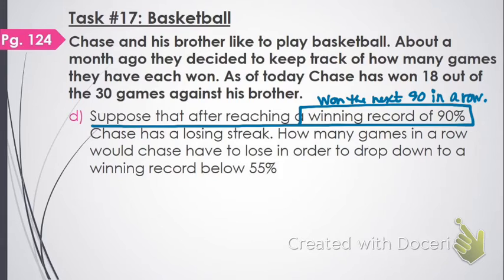No. So he had won 18 games and then he won 90 more. So he's got 108 wins in his pocket, right? Out of 30 games plus the next 90 in a row, 120 total games. When you divide that, you really get 0.90? Yep.